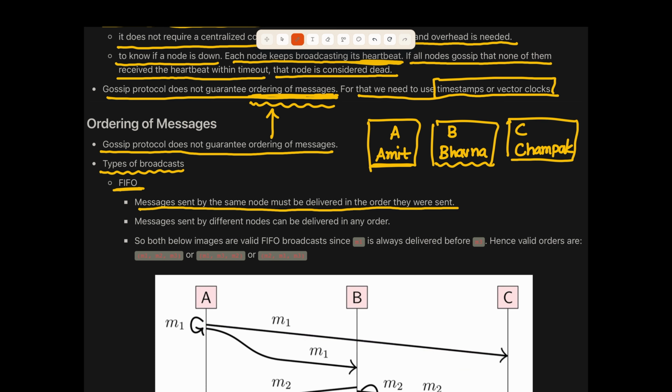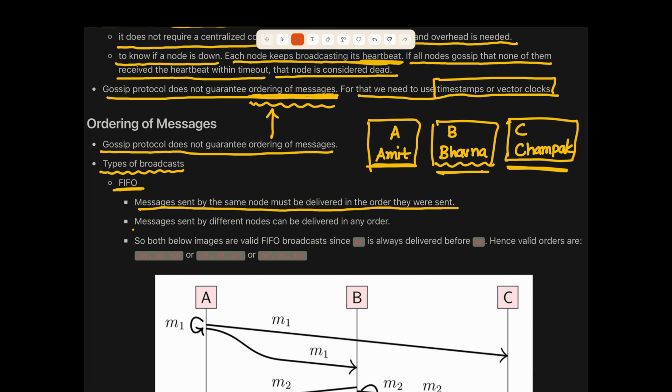Now if Amit is sending that, hey, I bought the movie tickets for tomorrow 7 p.m., and the second message is, let's go out, then Bhavna and Champak should receive the same messages in the same order in which Amit sent them. So Bhavna and Champak each will receive first, hey, I bought the movie ticket for 7 p.m. tomorrow, and second, let's go out tomorrow.